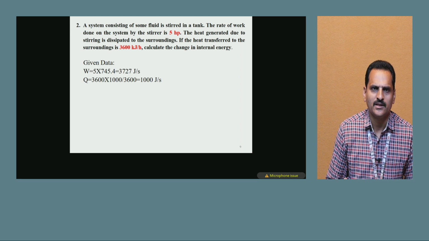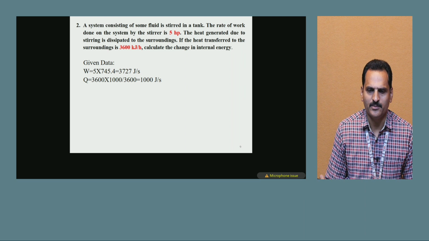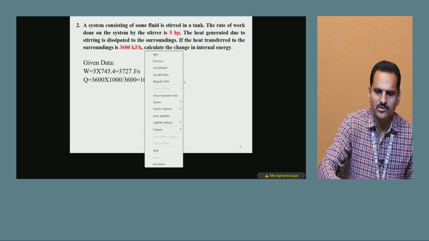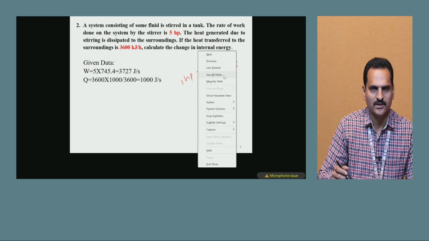Similarly, write down the given data. W is given as 5 horsepower, that means 1 horsepower is equal to 745.5 joules per second. Okay.